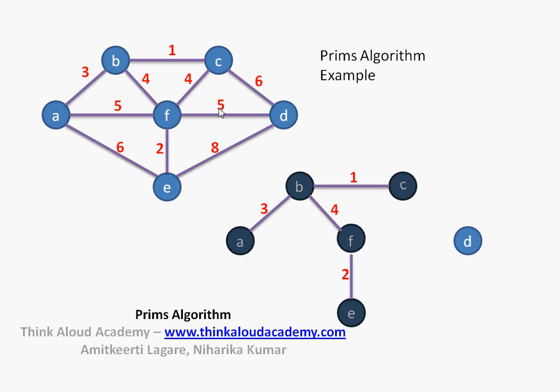From all these vertices, the way to reach D is from F. So FD is connected, the length is 5, and D is a visited vertex. So we have created a spanning tree using Prim's algorithm, which says that from all the visited vertices, choose the edge which is smallest. So this gives us a minimum cost spanning tree.